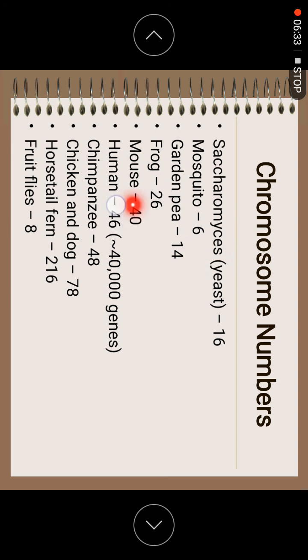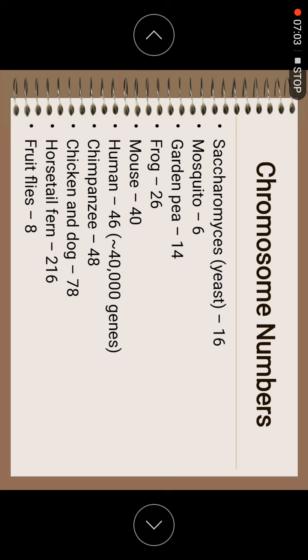Remember, even number: diploid. This is because when they produce gametes, they must cut it in half. Remember the word haploid. During meiosis, the daughter cells become haploid, so the chromosome number becomes haploid. As for mitosis, it will remain. So that's one of the reasons why the chromosome number is always an even number.